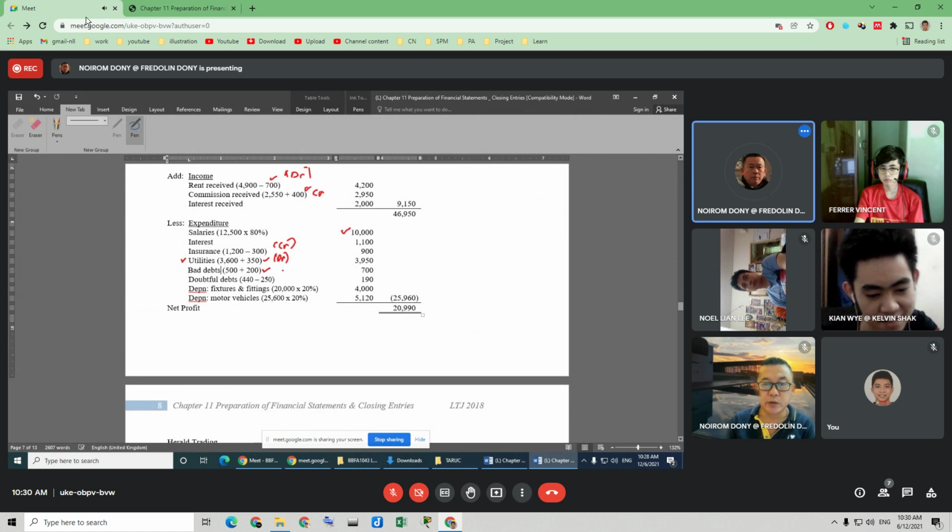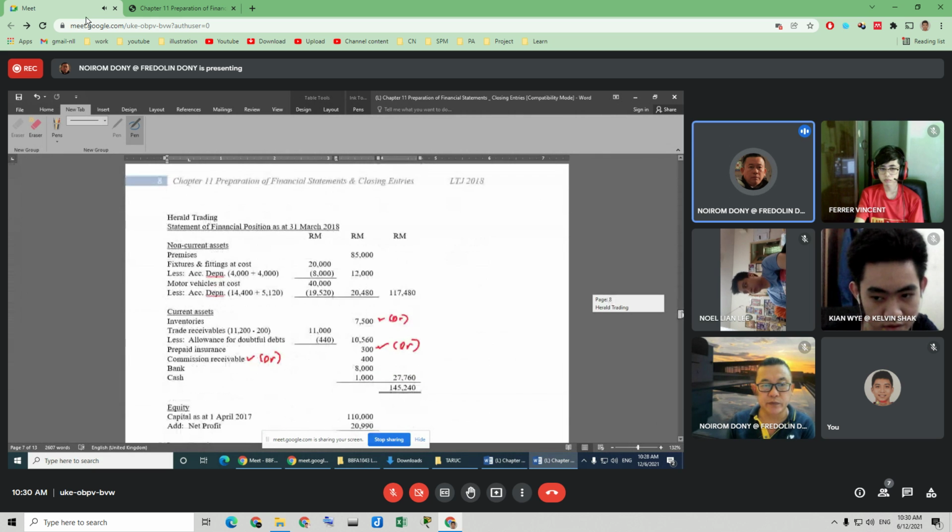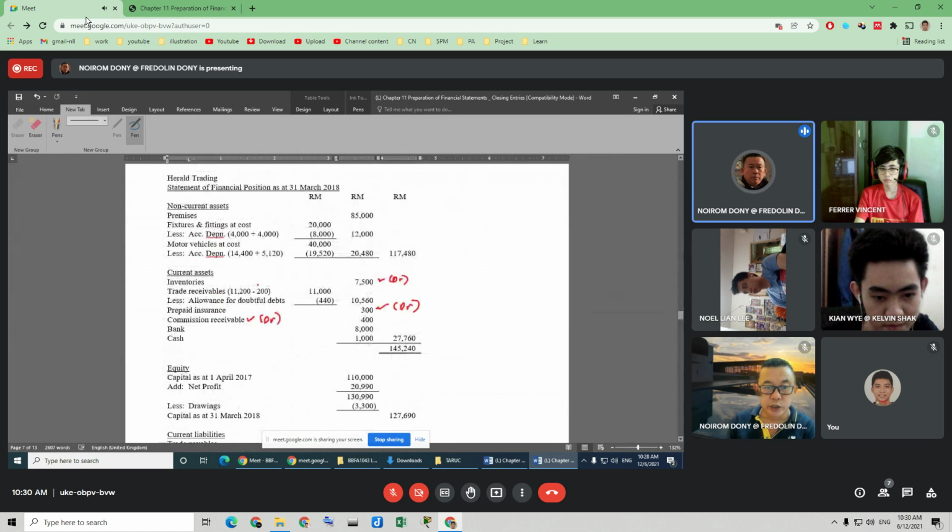So this is actually debiting, so the next entry should be credit. The credit is in SOFP under current asset, we have trade receivable. So we minus 200. This minus 200 is actually the credit entry. So done.